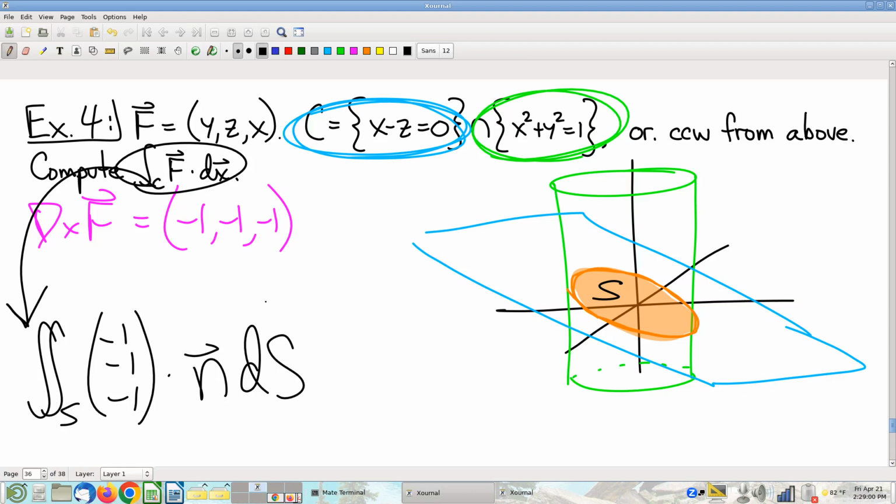This little n, what can I say about little n? Well, on my surface, notice that my entire surface is actually part of that blue plane. The blue plane has an equation I can see right in front of me. That means I can write down this normal vector easily. That normal vector, just reading off the coefficients, is 1, 0, -1.